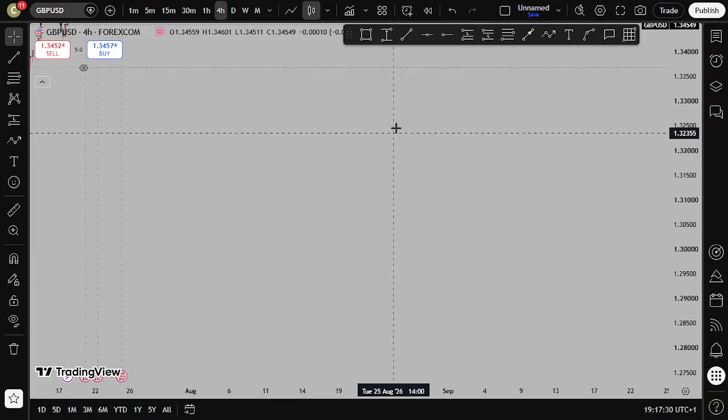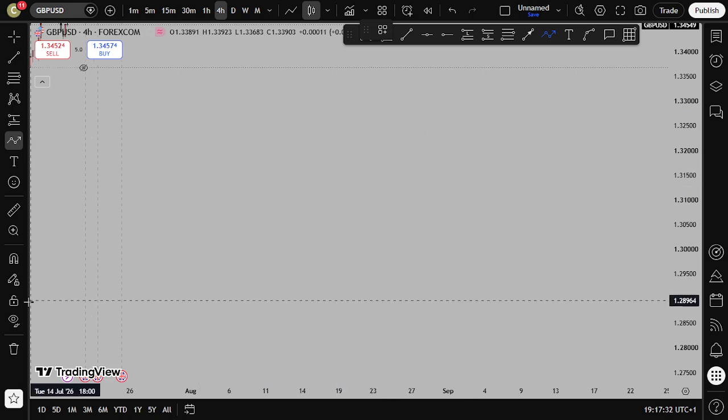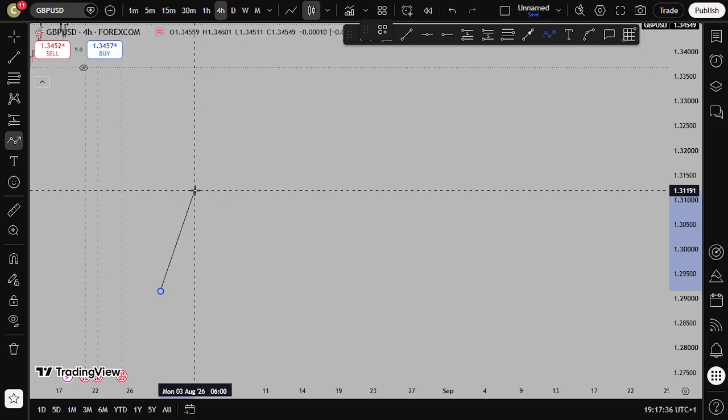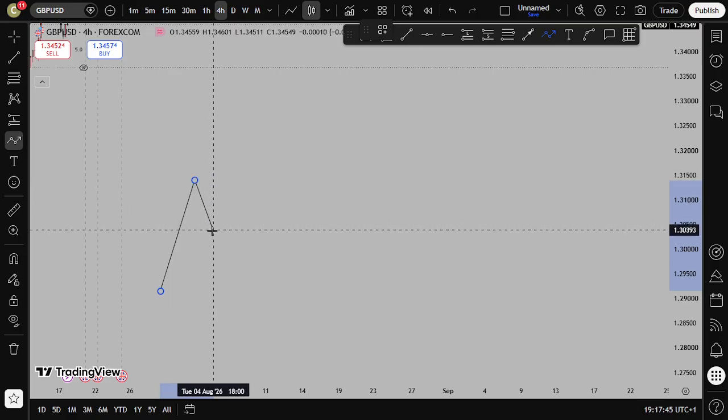So this is the scenario. Price moves up, like you're climbing a hill. Price moves up. This one is a higher high.